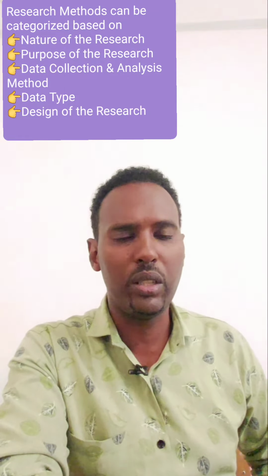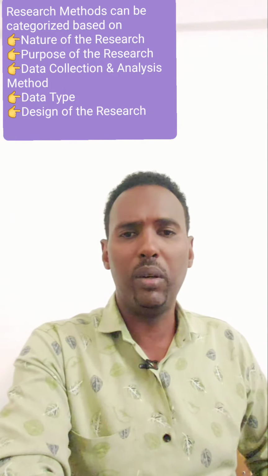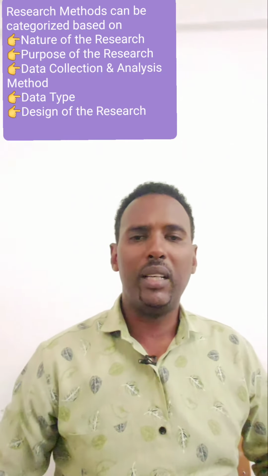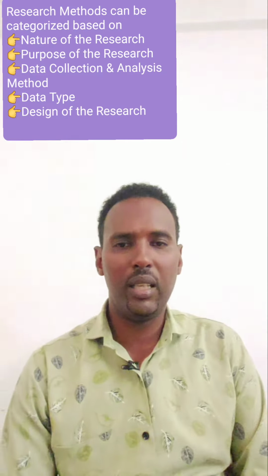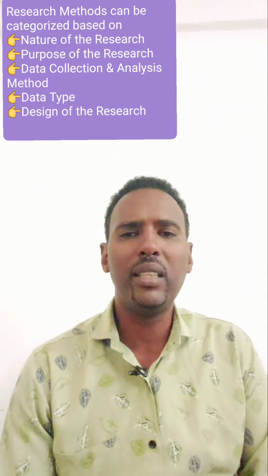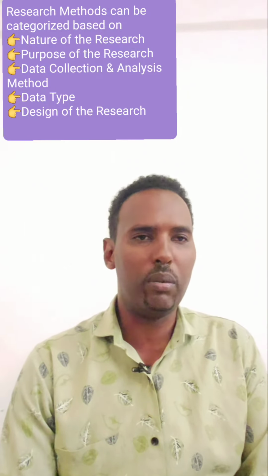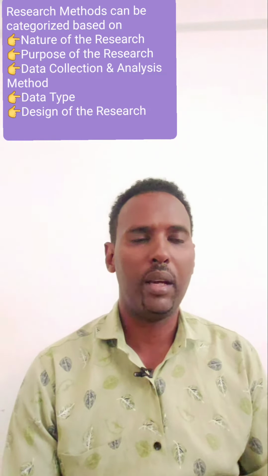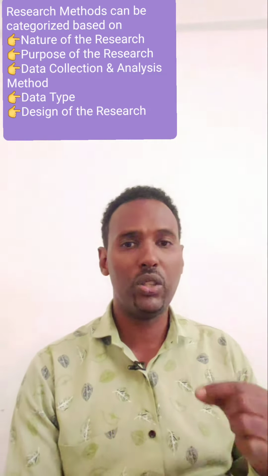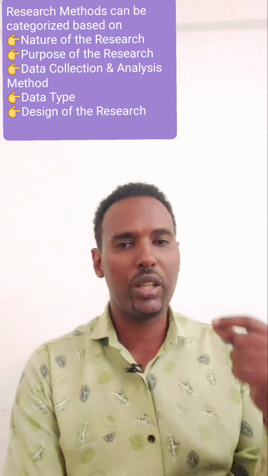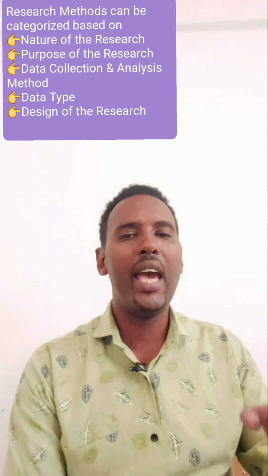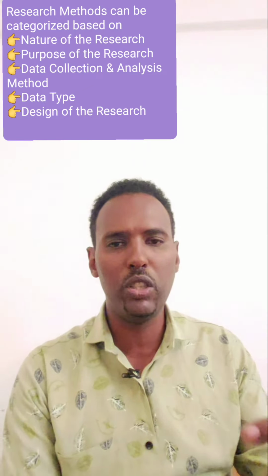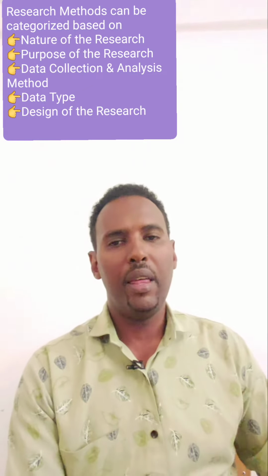For example, what is the problem of female mathematics low grades in Redwa University? What can we do to solve this problem? This is what we call applied research, or it can be called actual research. It is research that involves investigation of the problem and application of different techniques, procedures, and principles to solve the problem.